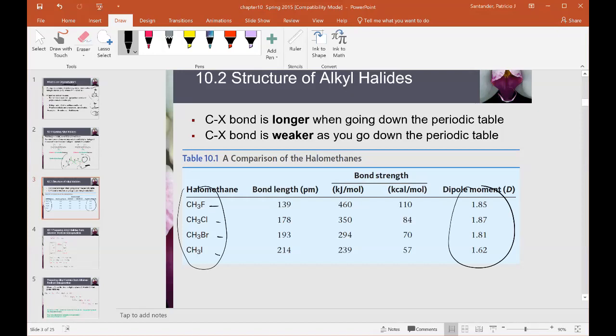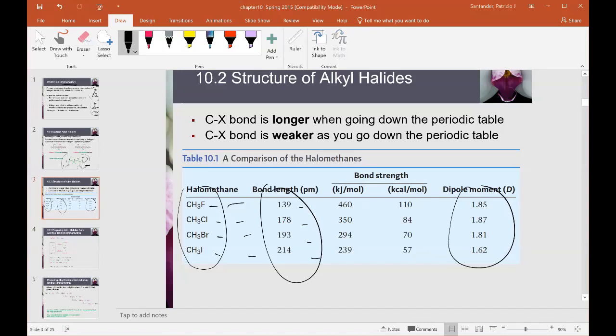How about the bond length? You can see that as we go from fluorine to chlorine, bromine, and iodine, the bond length gets longer and longer. That is only natural because the atomic radius of chlorine is bigger than the atomic radius of fluorine, etc.